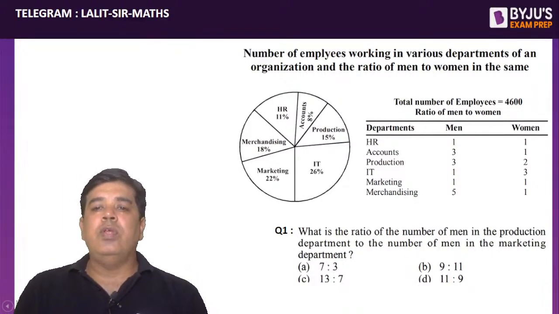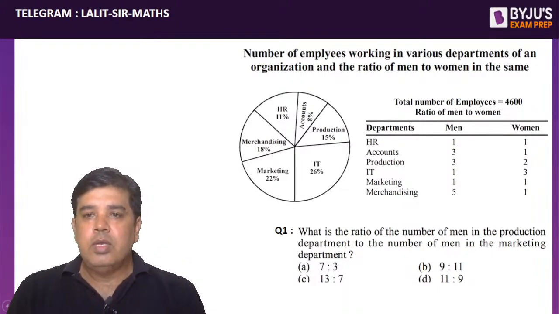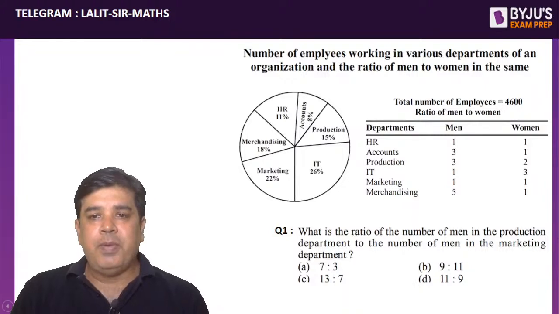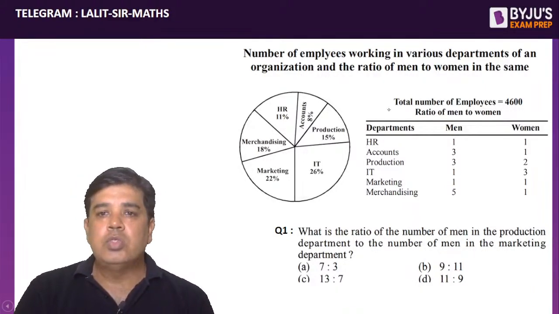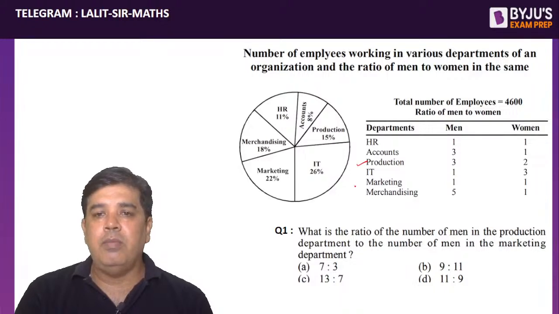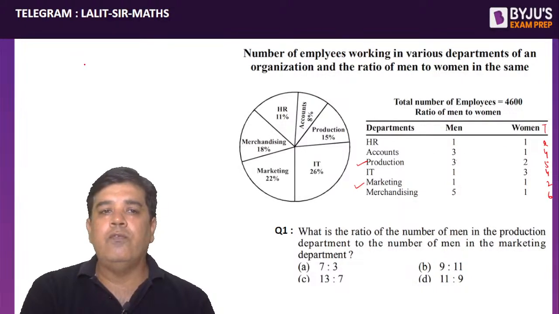What is the ratio of the number of men in the production department to the number of men in the marketing department? So we need production and marketing. Men are 3 with respect to women 2. So the totals are 5 here, and so on.